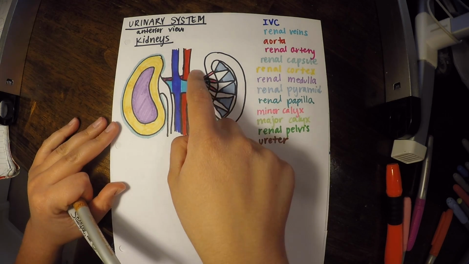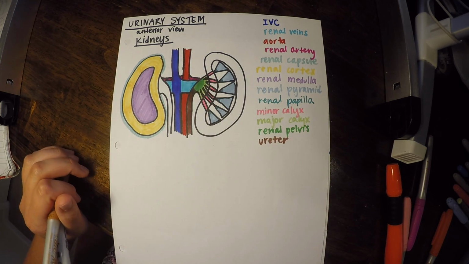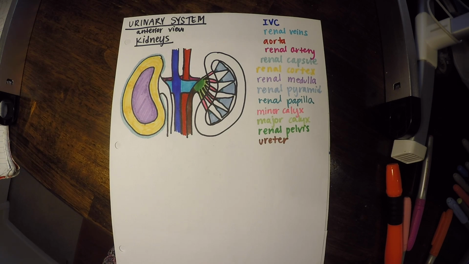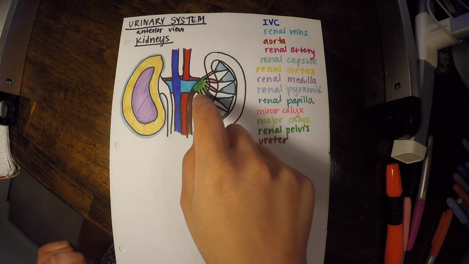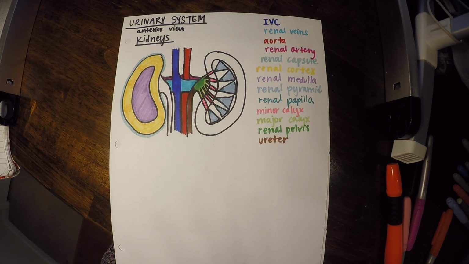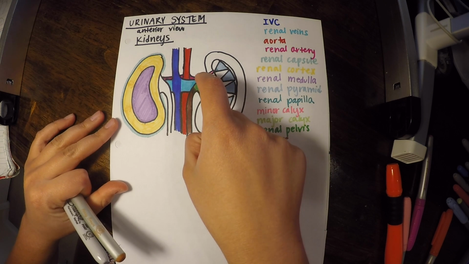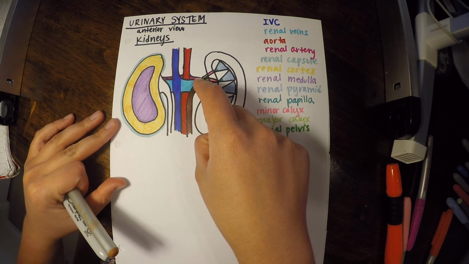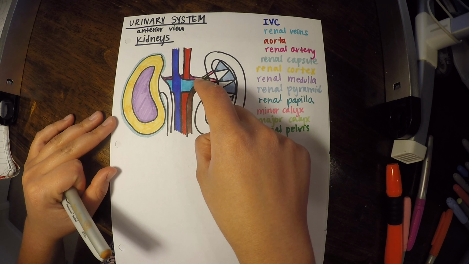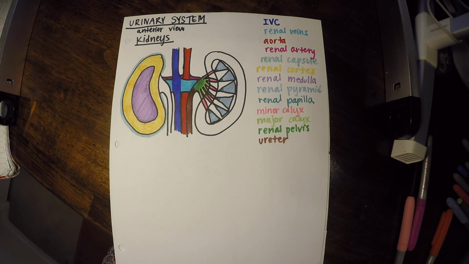Now, with everything bunched together in this area, it's going to be known as one single area called the renal hilum. And the renal hilum is basically the point of entry and exit of the renal arteries, veins, lymphatic vessels, nerves, and this enlarged portion of the ureter. Because it is like this whole section right here, it's kind of difficult for me to actually color it in as we need to.